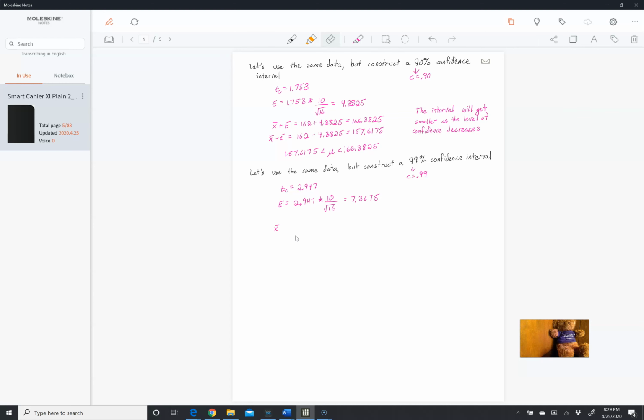So we do our sample mean plus our margin of error. Which gives us 169. I'm again okay if you rounded this to 7.37.